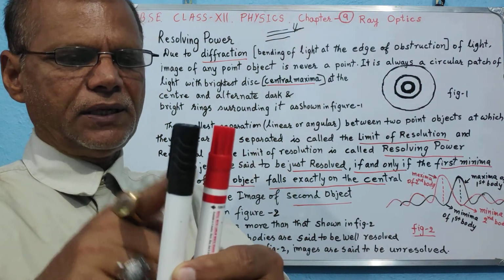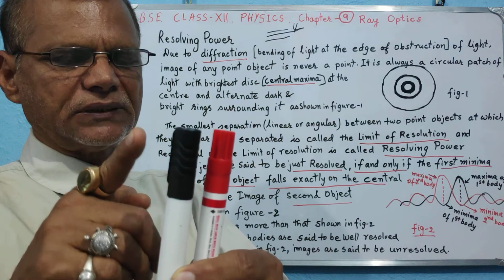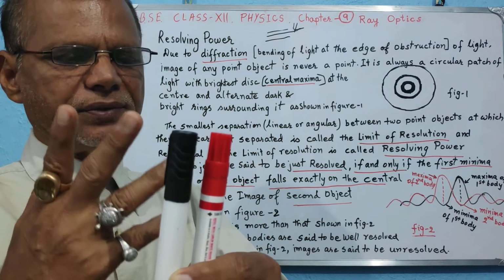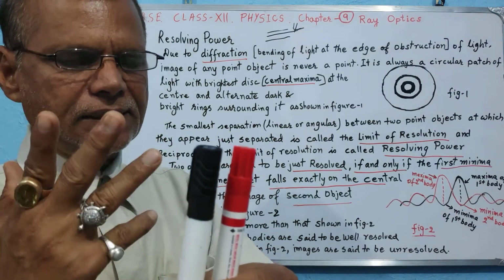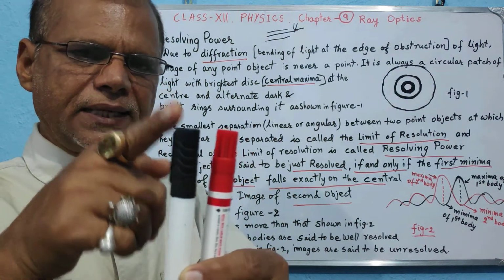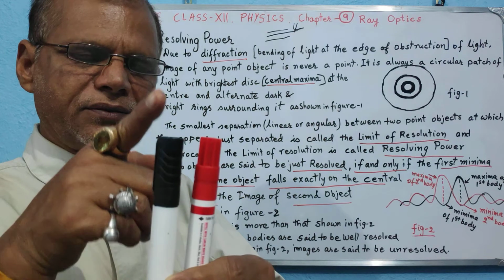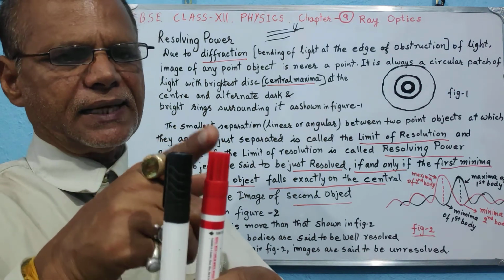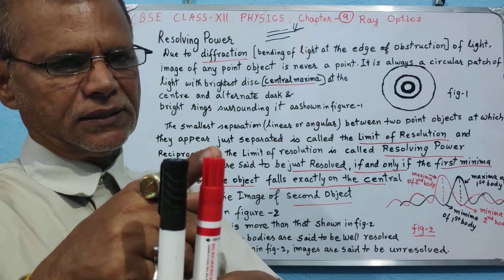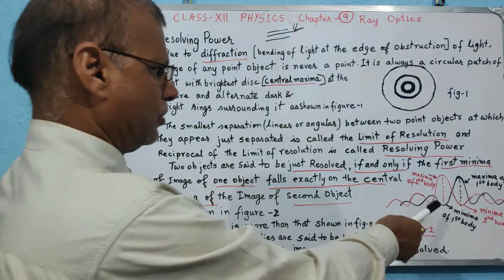Say the images of these two formed in our eye are such that the central maxima of the first image falls on the first minima of the second body's image, as we have drawn over here.